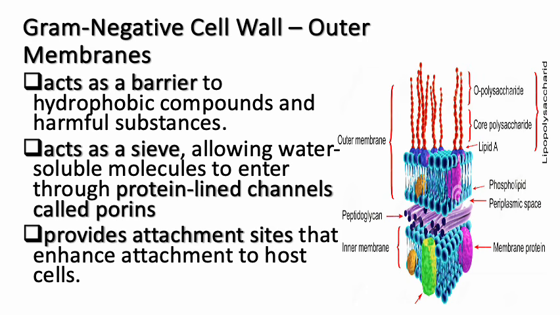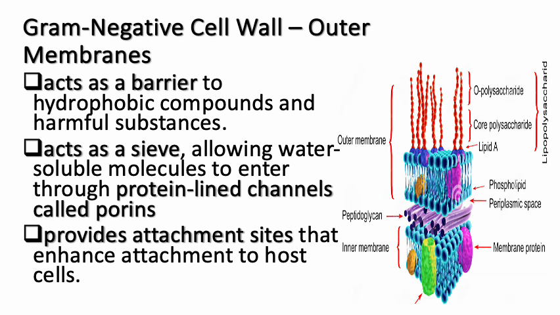Now, the outer membrane of gram-negative bacteria has the following functions. First, it acts as a selective barrier by not allowing harmful substances to enter the cell, while also allowing some molecules to pass through. It also helps the bacteria cling to or attach to host cells and mediate infection.